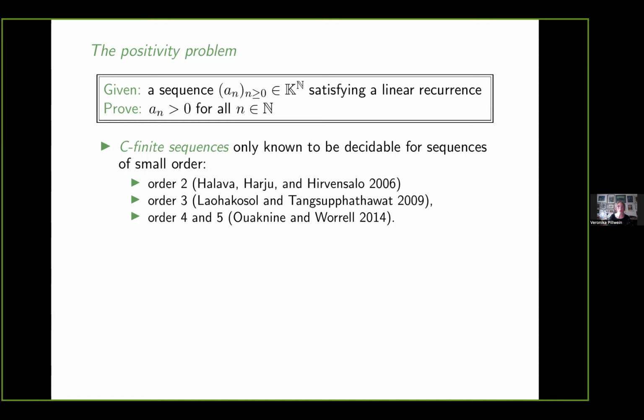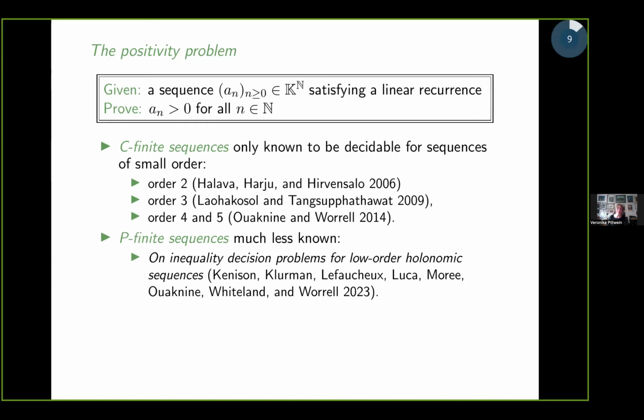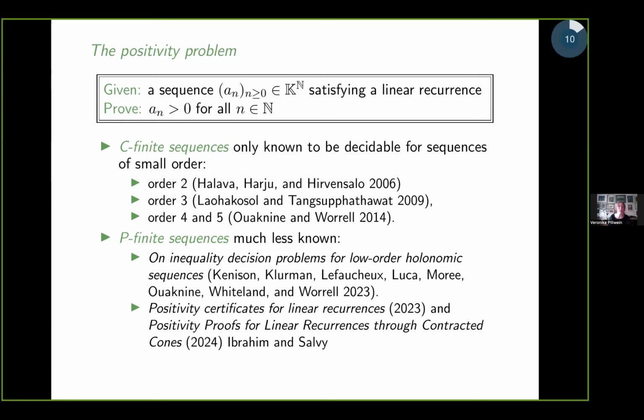So it is difficult, and I'm mentioning some results up to order 5 that are known, and Ouaknine and Worrell are in particular very active in this subject. They also looked into P-finite sequences, where much less is known and only for restricted classes. There's this paper that I have here that is very recent.